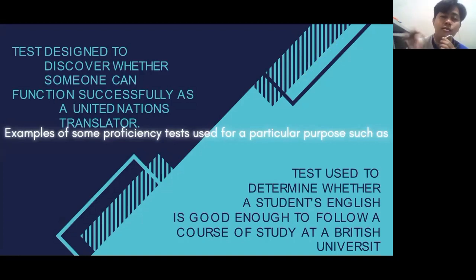The second example is a test used to determine whether a student's English is good enough to follow a course of study at a British university.